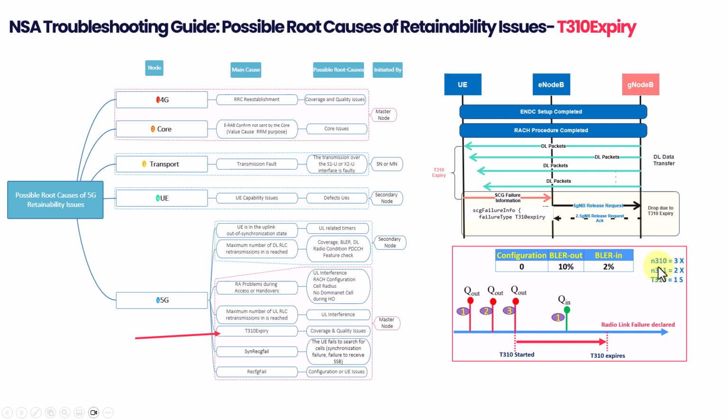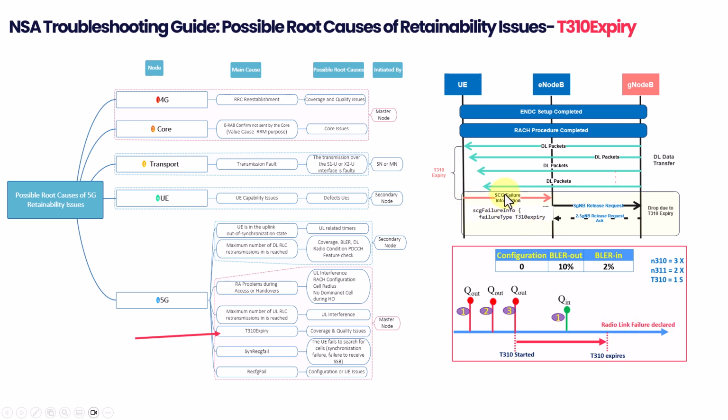For example, if you have a number of consecutive decoding failures in the downlink, let's say 3 times, then the timer will start. If within this timer the UE is not able to make consecutive successful decoding for the PDCCH data, for example N311 2 times, then in this case T310 will expire. Once it expires, the user will trigger this kind of radio link failure.